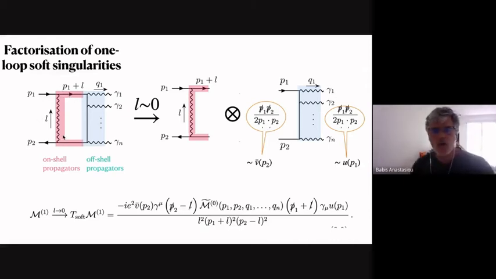So a good approximation of the amplitude in this region is to take this part of the graph as it is and take the rest of it without any flow of the loop momentum in it. So practically take the loop momentum equals 0 limit for the off-shell propagators in the rest of the graph.